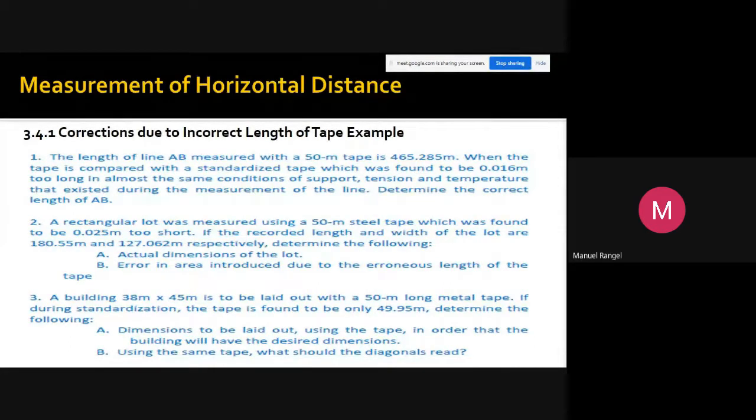So the length to be measured is line AB, measured with a 50-meter tape, and the tape is too long. Determine the correct length of AB.